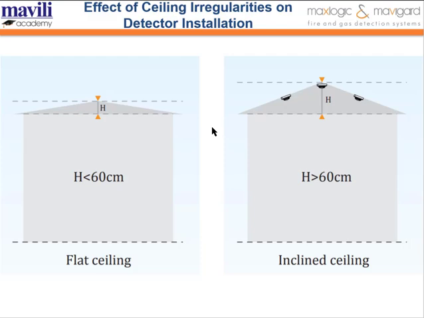However, if the distance between the highest point of the roof and the ceiling exceeds 60 cm, the ceiling is considered sloped. In that case, detectors should be installed at the peak of the roof as well as along the slope sections to ensure proper smoke detection.